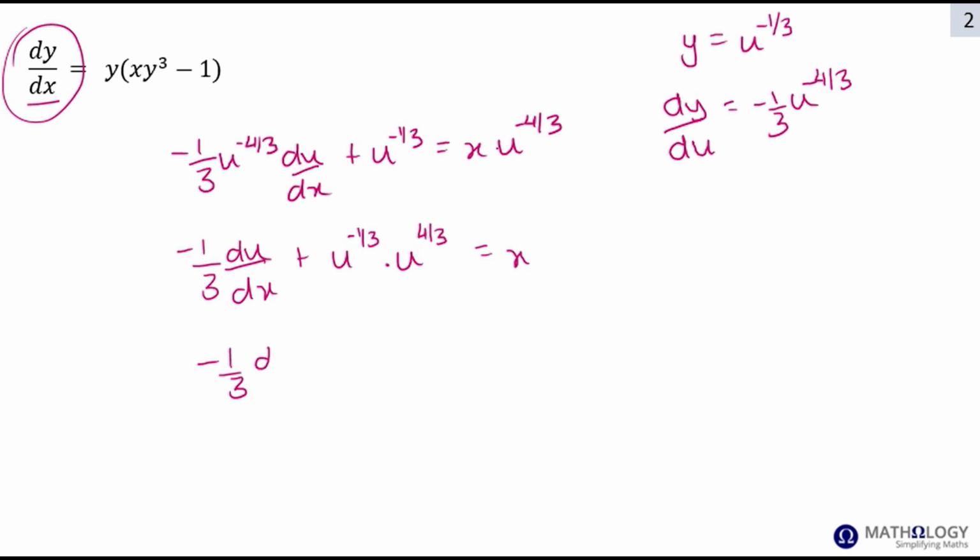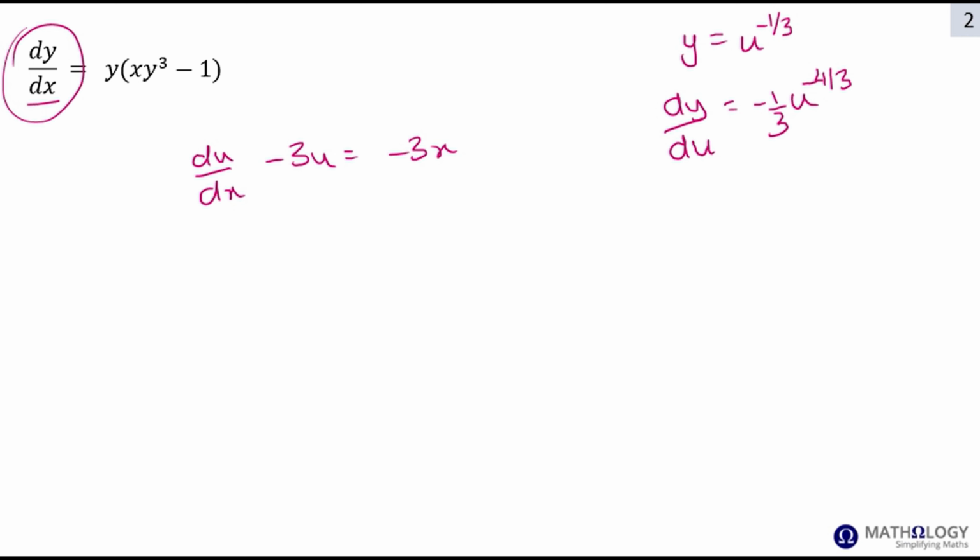So minus a third du/dx plus, this over here will give us u to the 4/3 plus minus a third, which is 3/3, which is just u to the 1, and that equals x. Just multiplying through by minus 3 now, we'll get du/dx minus 3u equals minus 3x.